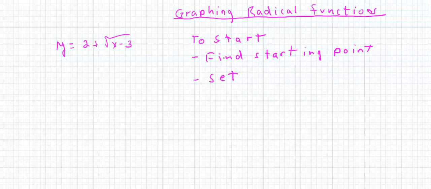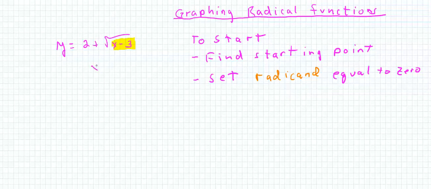Set the radicand equal to 0. The radicand is this highlighted part here. This is the radicand, x minus 3. What's inside the radical?